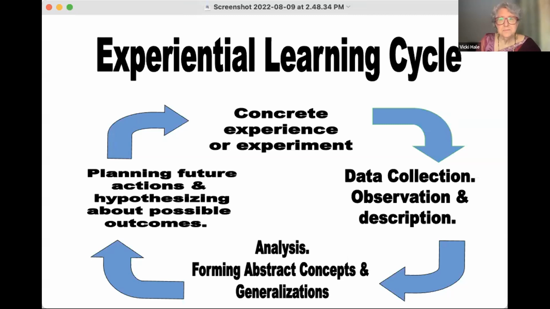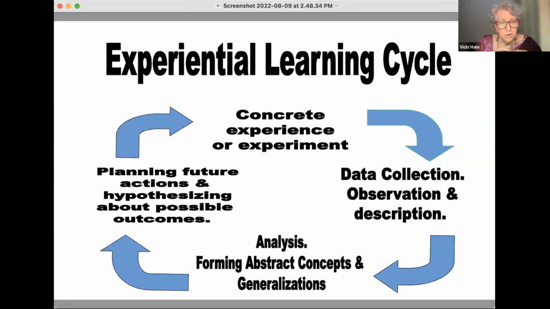As we begin a new session today on supportive pedagogy, I want you all to remember Kolb's experiential learning cycle. Let me just put that on the screen in case you haven't seen it lately. Okay, this is from the 80s.